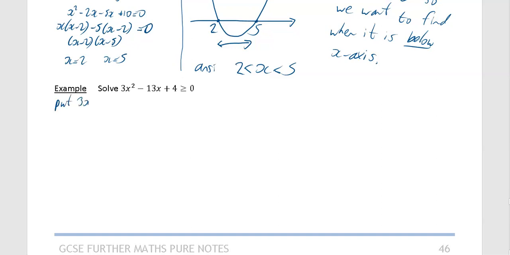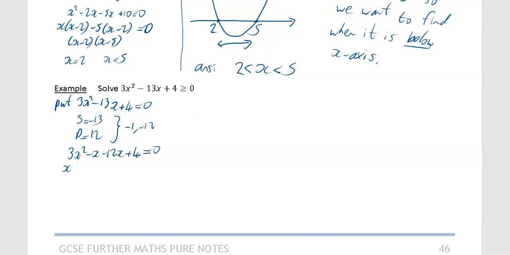We're going to put 3x squared minus 13x plus 4 equals 0. So we're forgetting, for the time being, about the inequality. Your sum is minus 13. Your product is positive 12. And my two numbers again, that's a nice easy one for me to do, are going to be minus 1 and minus 12. I'm going to rewrite my equation as 3x squared minus x minus 12x plus 4 is equal to 0.